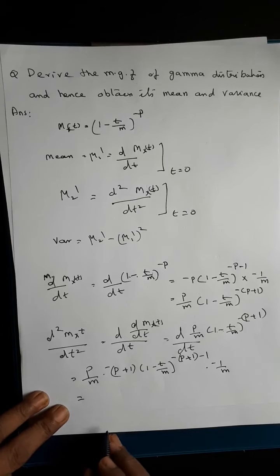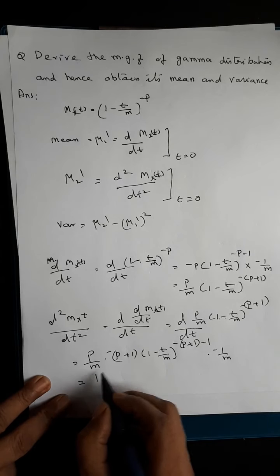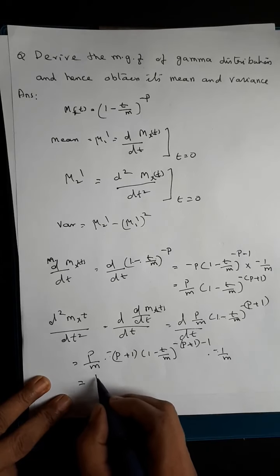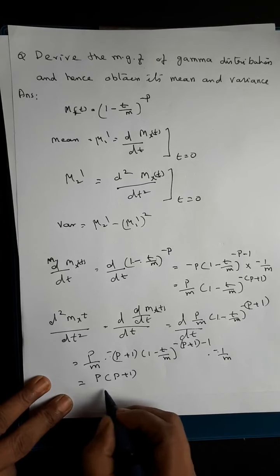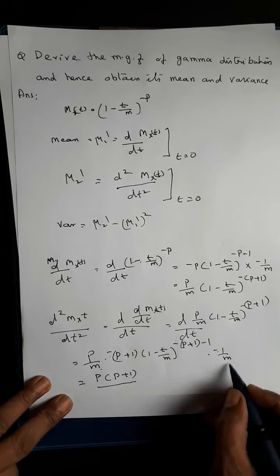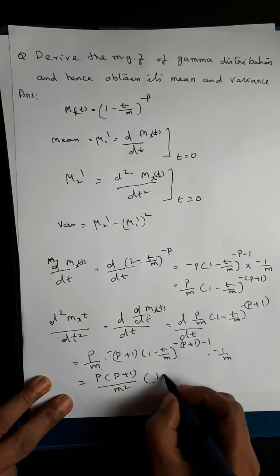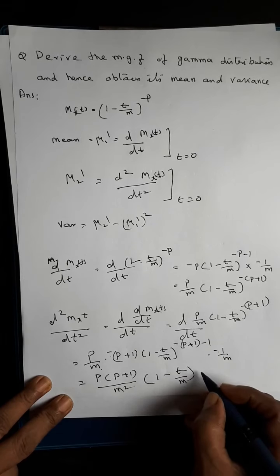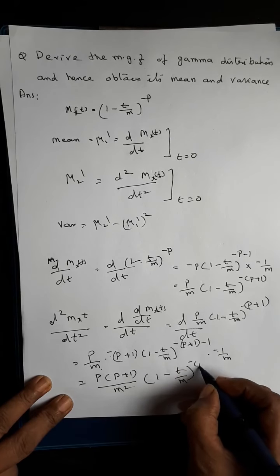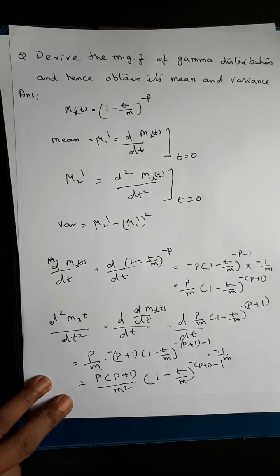So we have, minus and minus become plus, p into p plus 1 by m into m square into 1 minus t by m raised to minus of p plus 1 minus 1.